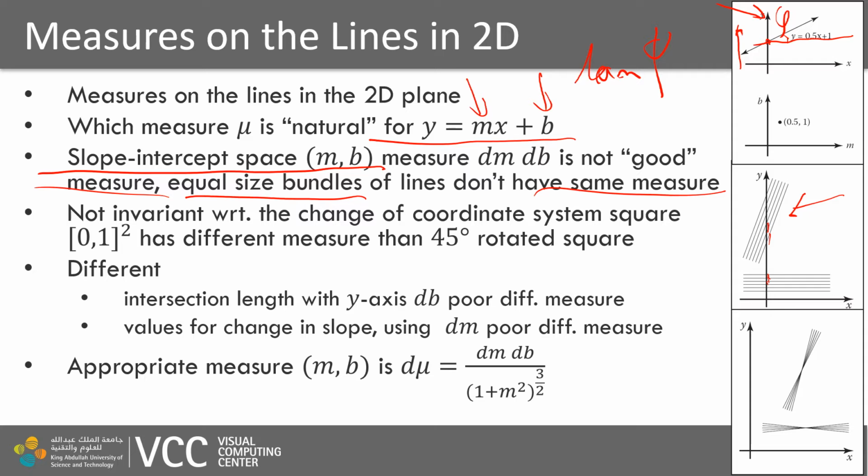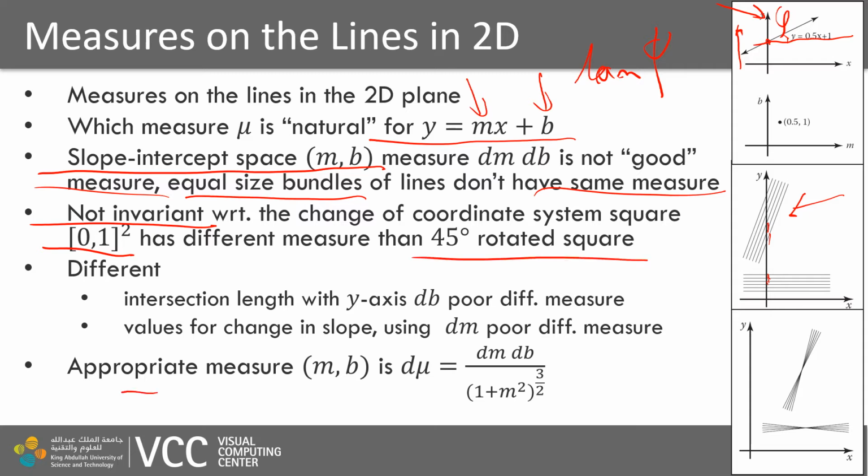So generally, a good measure should be invariant with respect to a change of coordinate system. For example, it should give the same value for a square if it's just a square 0, 1, or if it's rotated by 45 degrees.